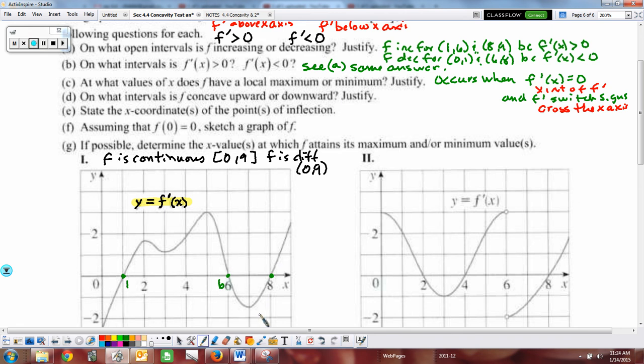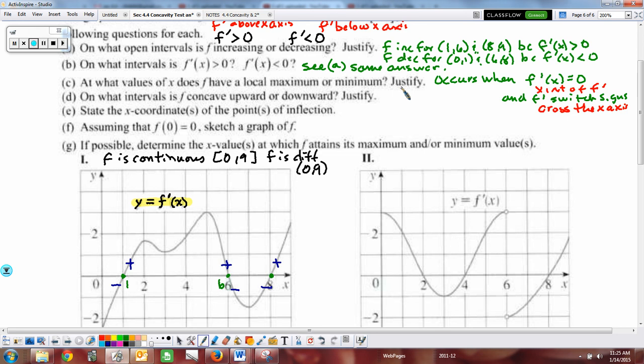And then I might ask myself, which way is it crossing? Because remember, it's the plus to minus that's telling us whether it's a relative max or a relative min. Here, your f prime is negative to positive, so that's a relative min. This one goes positive to negative, so that's a relative max, and this goes negative to positive, so that's a relative min.